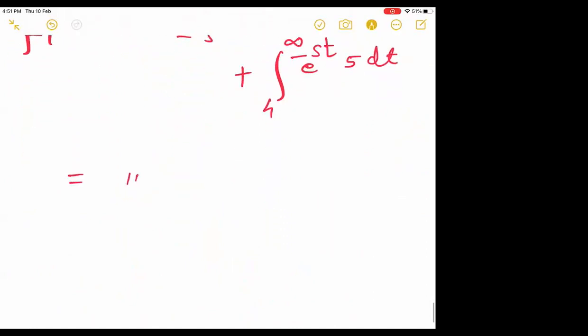That means the first 3 terms as it is. Okay. The last term 5 will be constant.